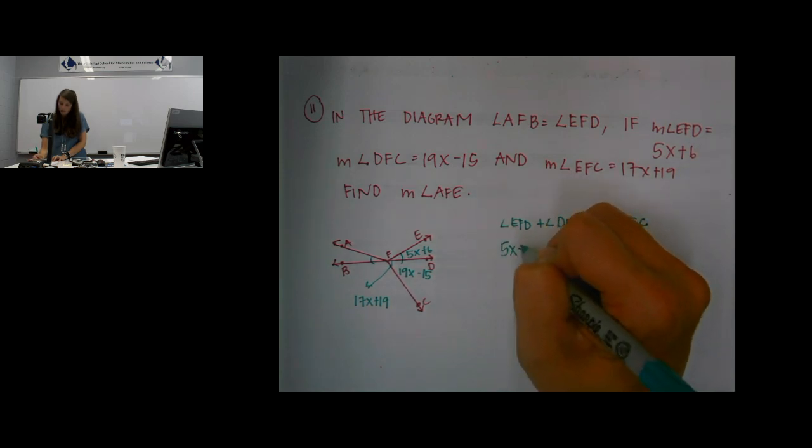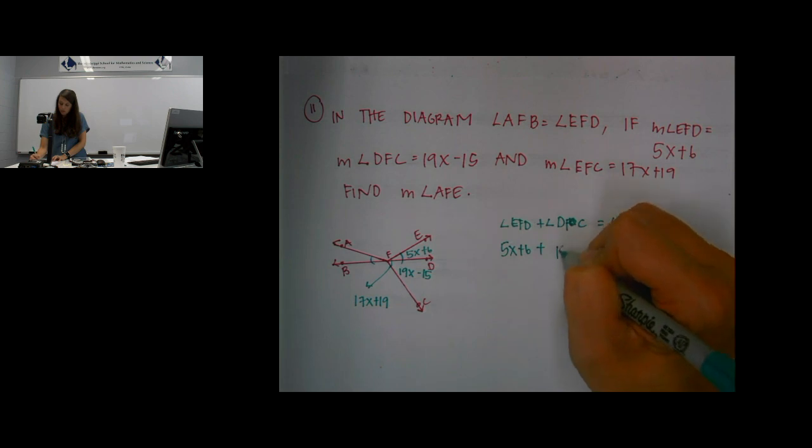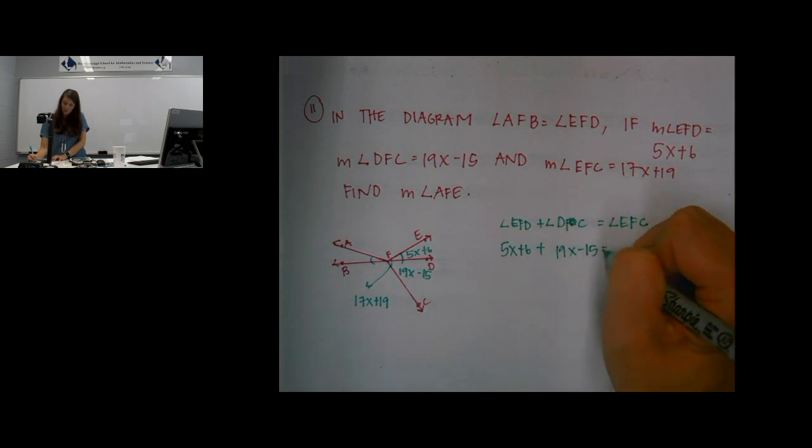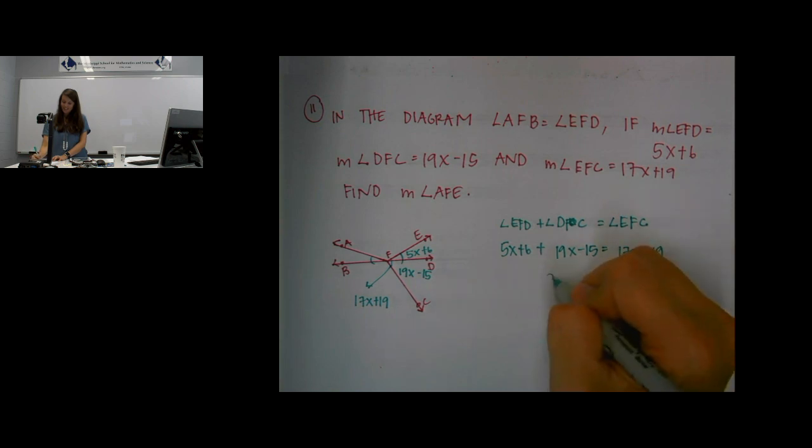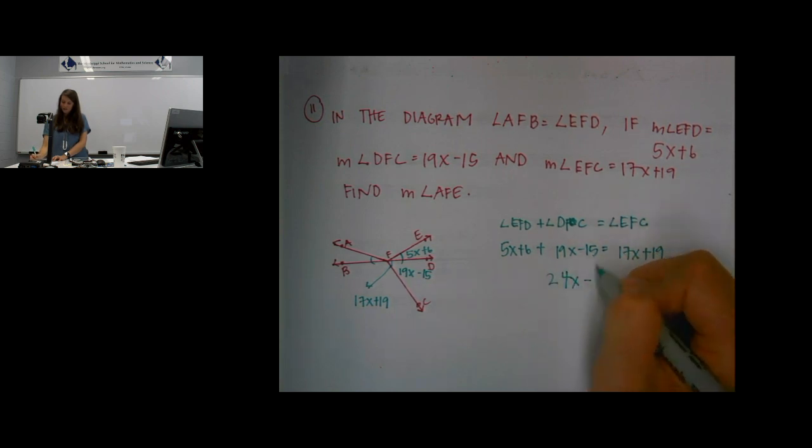So that's 5x plus 6 plus 19x minus 15 should add together to be 17x plus 19. So 5x plus 19x is 24x, minus 15 plus 6, which is negative 9.